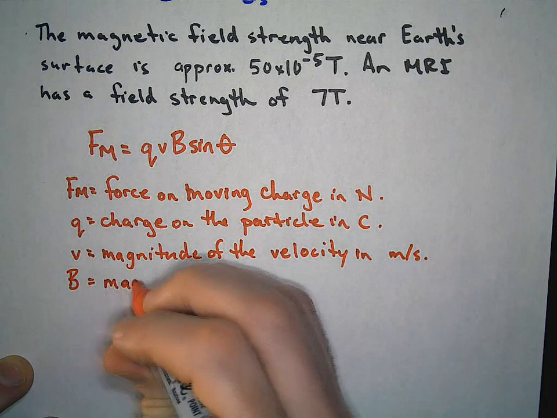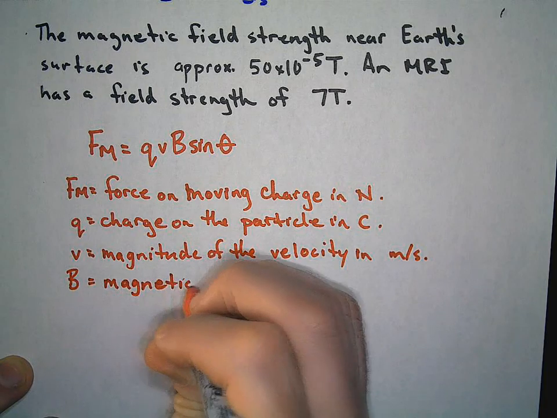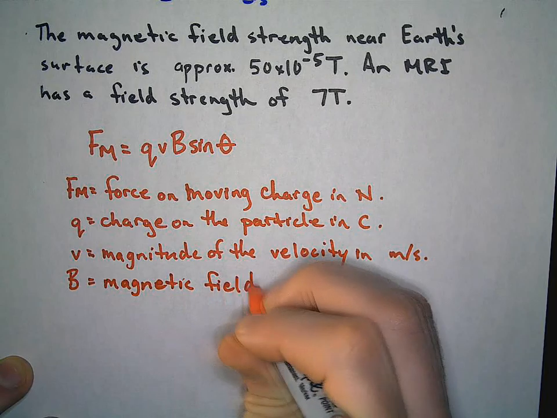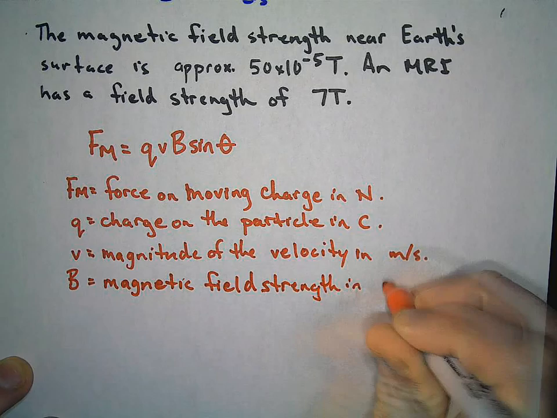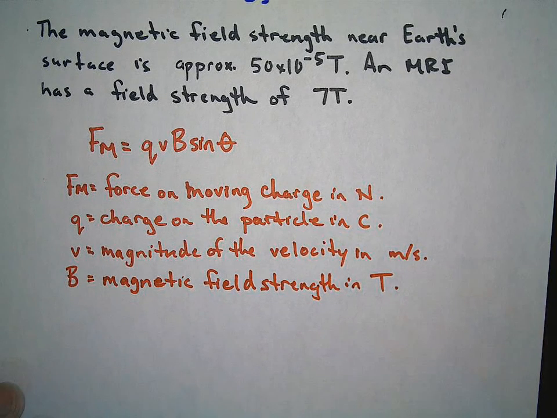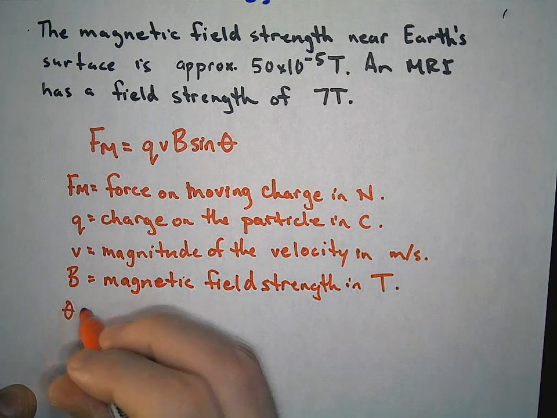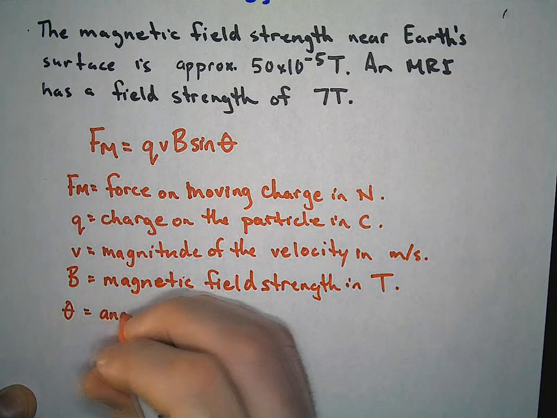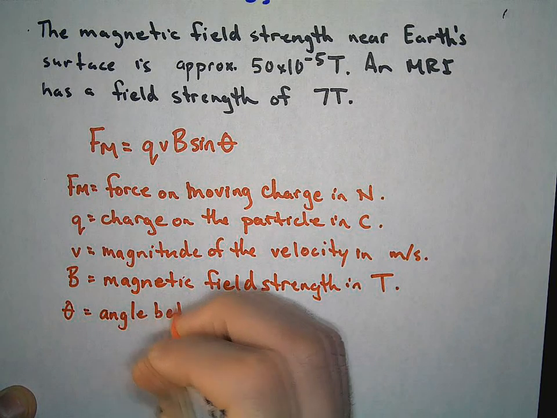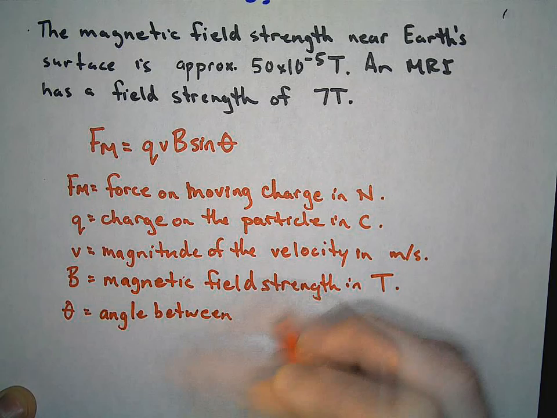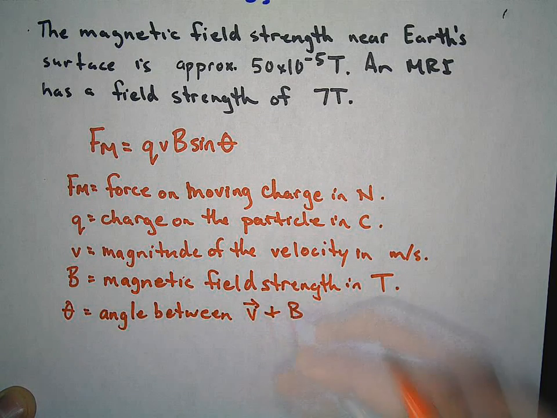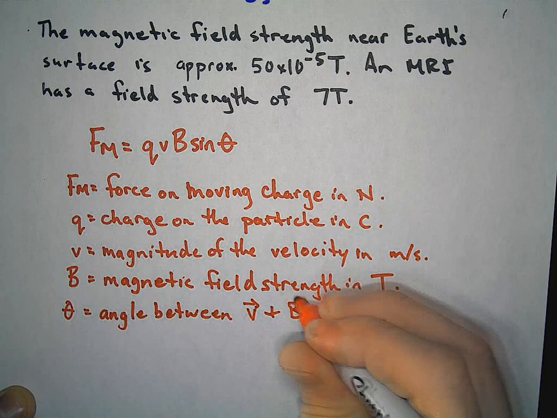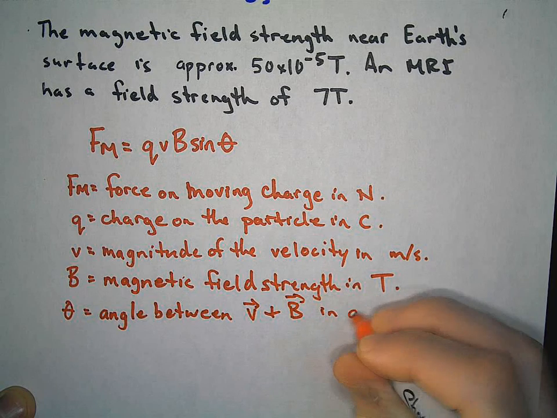B is our magnetic field strength, in Teslas, and theta is the angle between the velocity and the magnetic field strength in degrees.